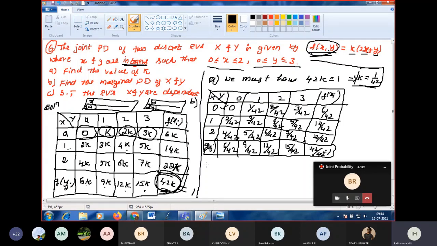Come to the third one. What's the third question? Show that x and y are dependent. How to prove x and y are dependent?